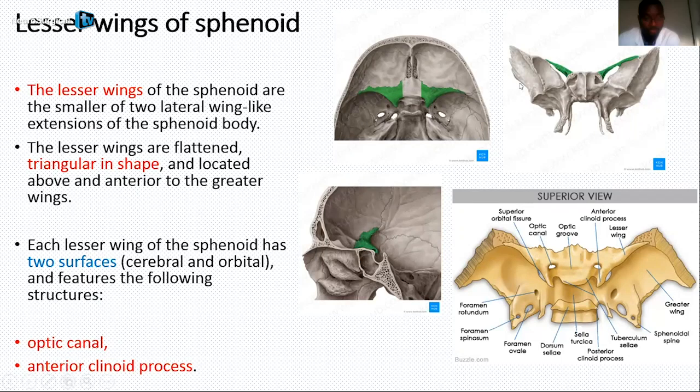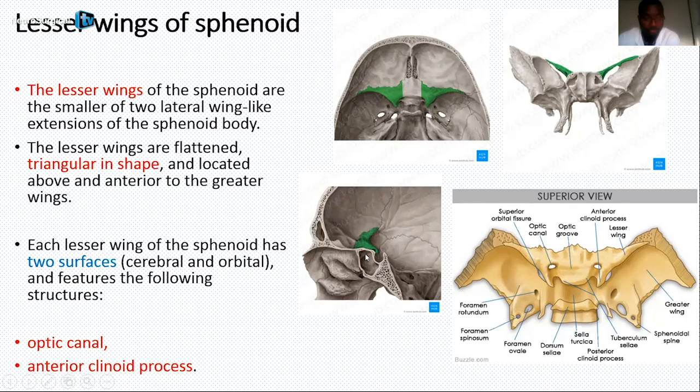You can see in this view, superior view, the lesser wings, like that. And here, it is the greater wings. And it is very important to know this landmark when you have to do surgery, for example.